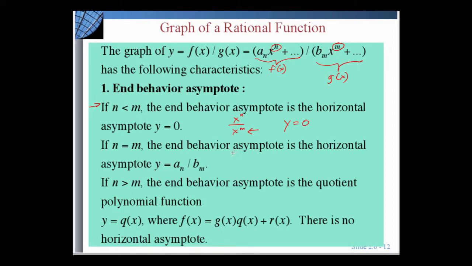to infinity is 0. Now if n equals m, the end behavior asymptote is the horizontal asymptote y equals a sub n over b sub m. Okay? So let me write this out.